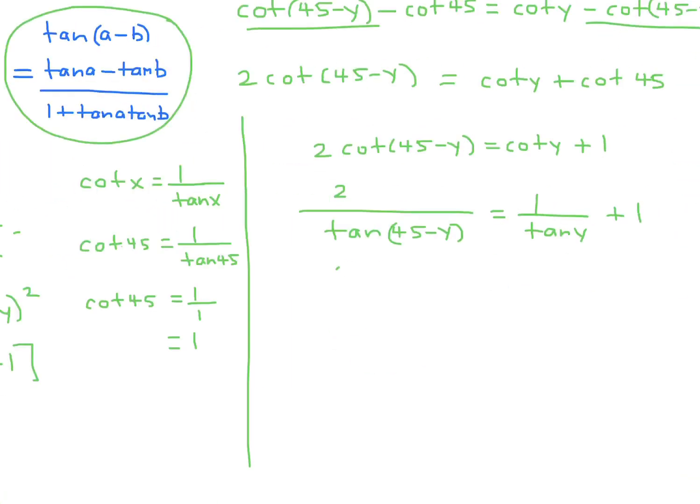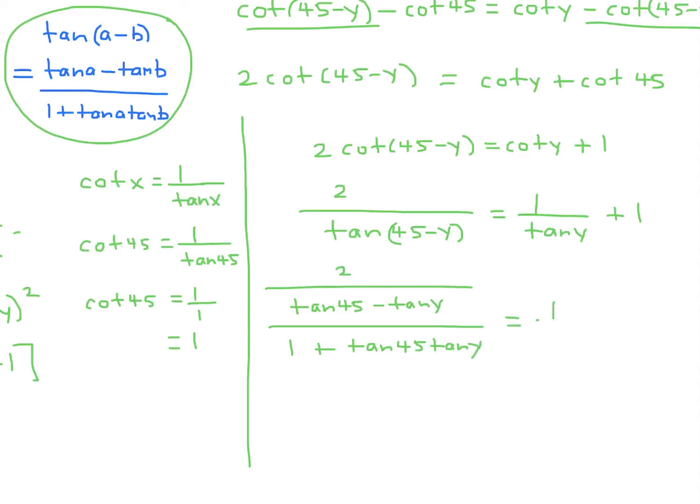So using our tangent rule, we'll get 2 over the tan of 45 minus the tan of y, all over 1 plus the tan of 45 times the tan of y. And this is just 1 over tan y, and I'll just get a common denominator while I'm writing this out, tan of y over the tan of y.